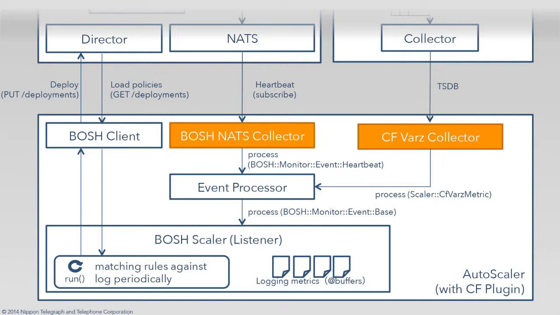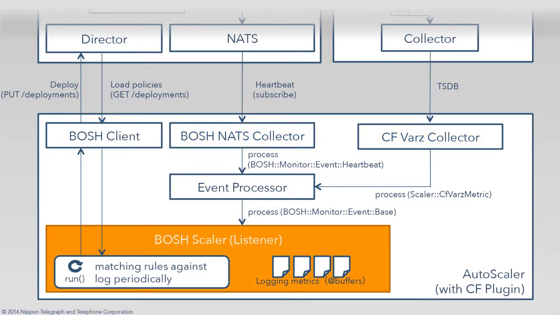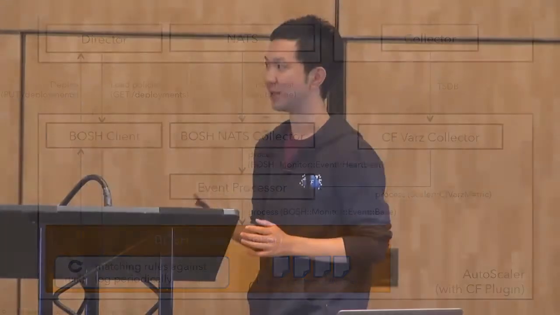And the BOSH scaler component aggregates metrics from the collectors and matches them against policies you defined in the deployment manifest. If the state of the deployment satisfies the policy, this component will deploy an updated manifest with changed deployment size.